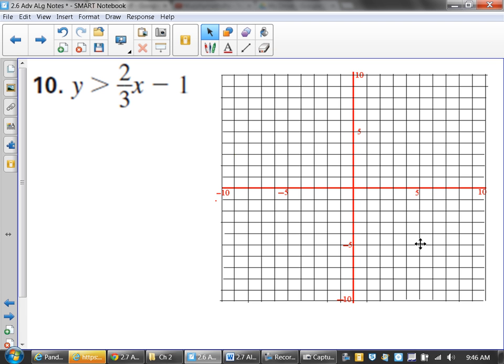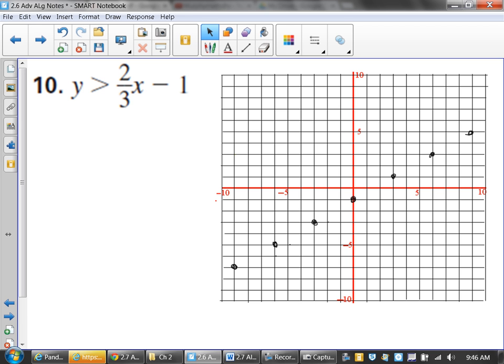I sense the sarcasm. So once again, we start at -1, and you walk your slope with 2/3. Is this going to be a solid or a dotted line?